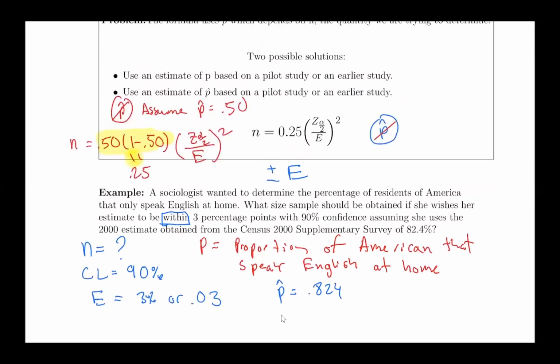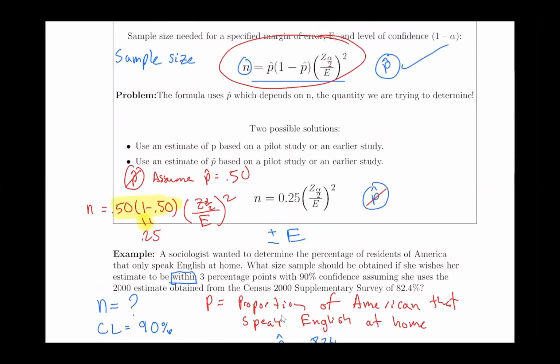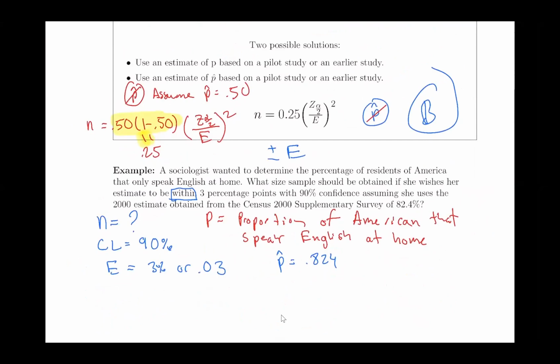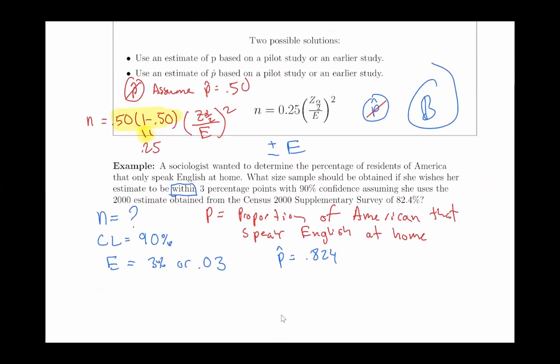So which formula should I use? Should I use formula A or formula B? So A or B? Yeah, A. Good. Perfect. We're going to use formula A because we know p hat.